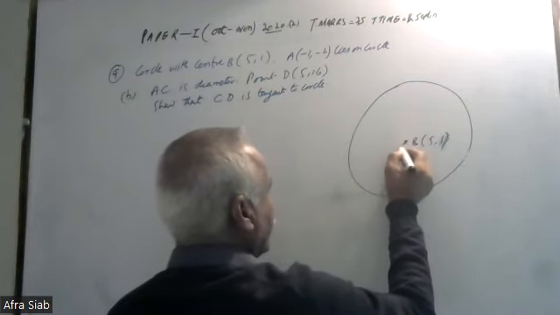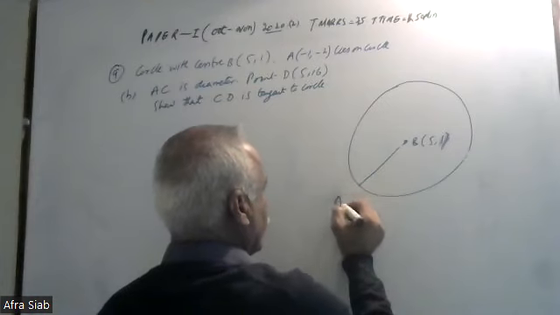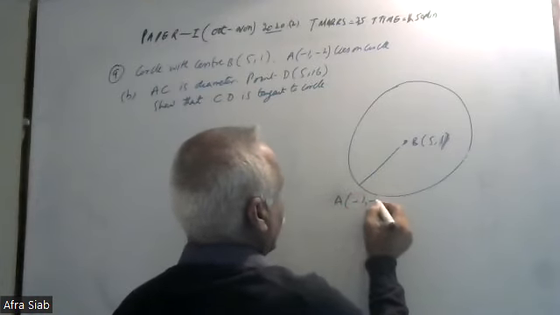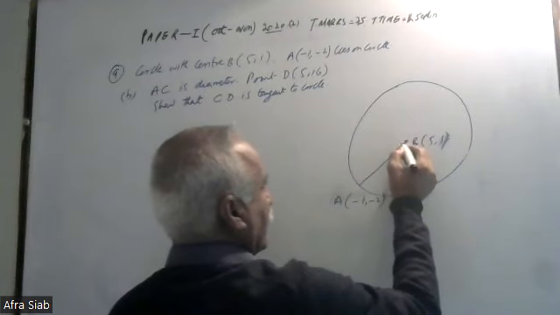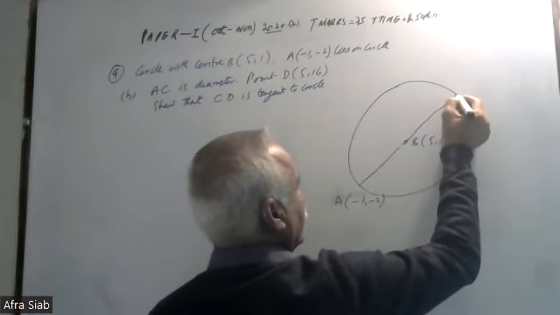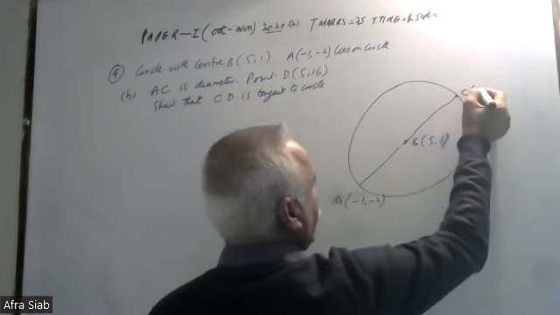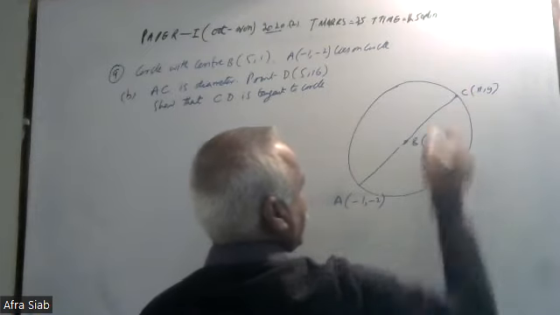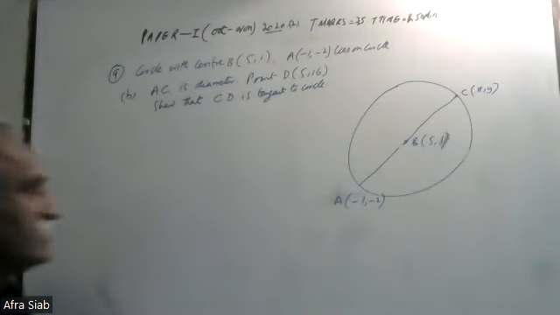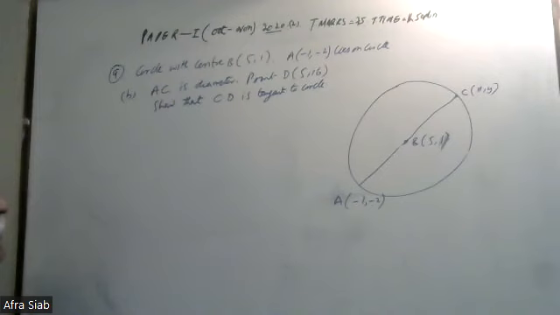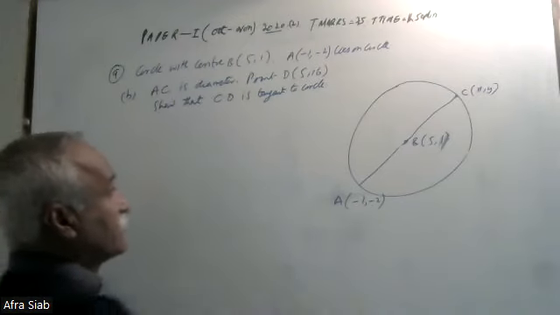The point A is there, which is minus 1 and minus 2. And this is point C with the coordinates x, y. We don't know the C coordinates yet. And D has coordinates 5, 16.